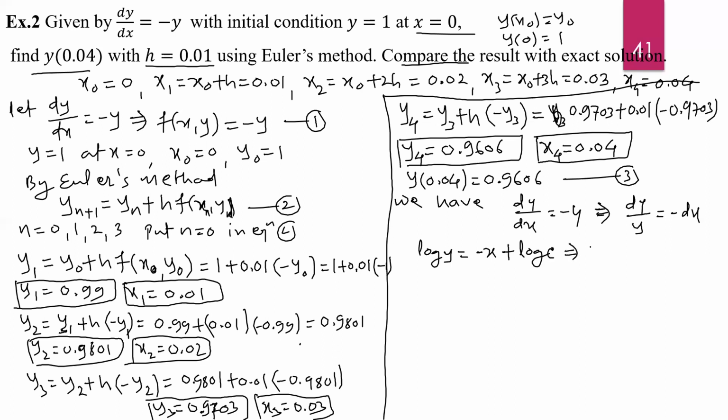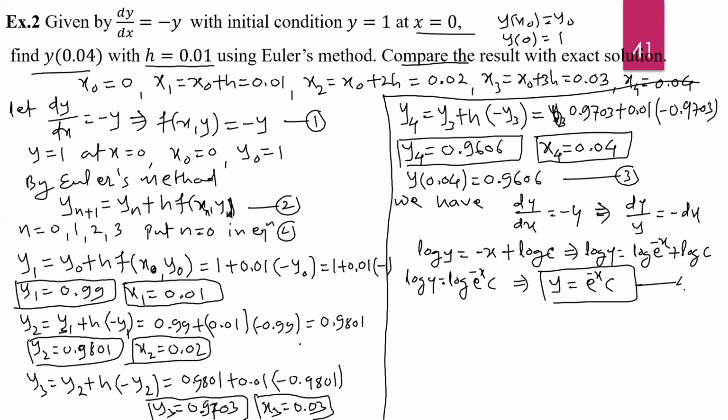Now it can also be written as log of y is equal to log of e raised to minus x, since we know log of e raised to a function is the function, plus log of c. Applying the property log a plus log b, log of e raised to minus x times c, and taking antilog on both sides, we get y is equal to e raised to minus x times c. So this is the general solution, equation number 4.